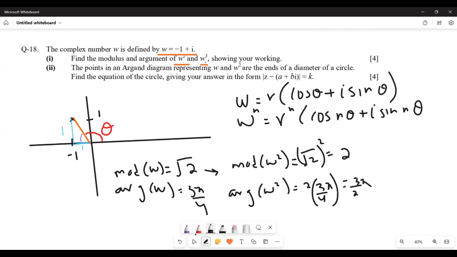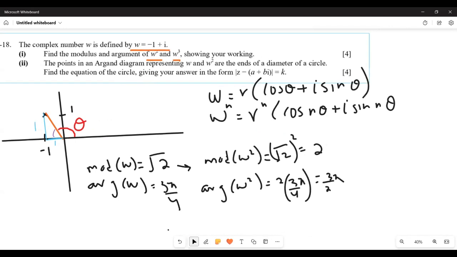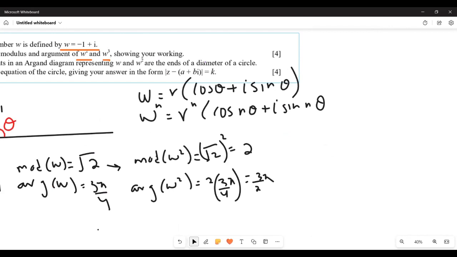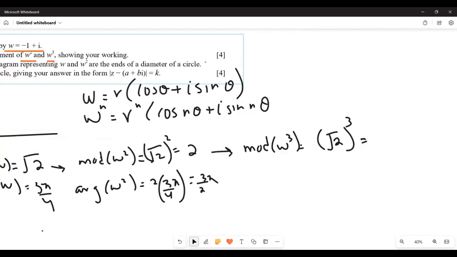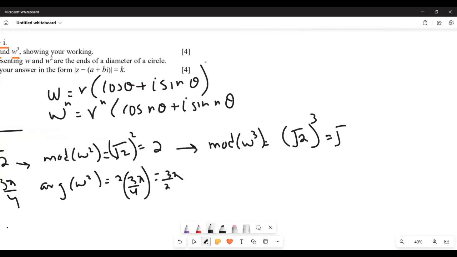All right. And then we need the modulus and argument of W cube. That's going to be the cube of under root 2. What is that? That's going to be square root of 2 times square root of 2 times square root of 2.